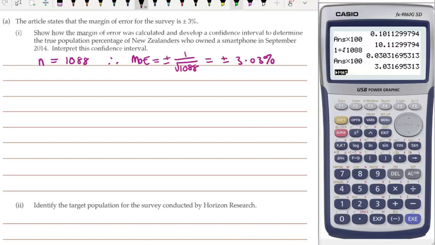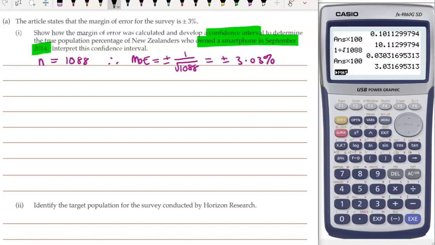We're going to use it to create a confidence interval next for the true population percentage of New Zealanders who owned a smartphone in September 2024. So if we go back to our article, we can see that information on the second paragraph down where it says a Horizon Research survey finds 69% of people have smartphones.